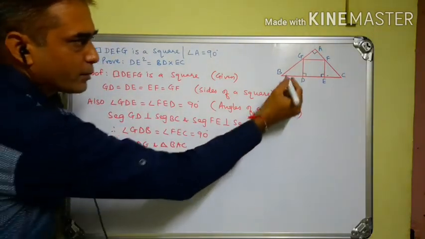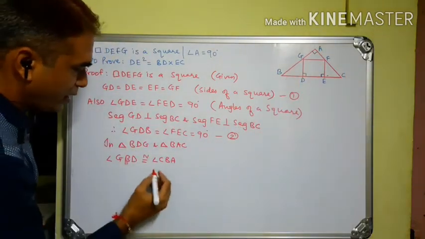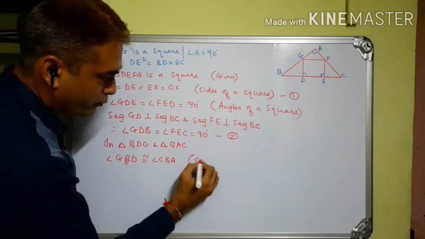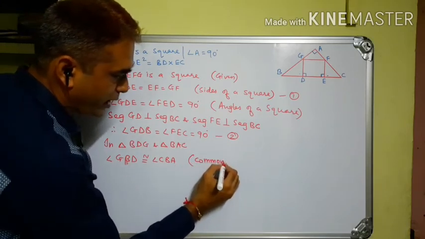Reason? Because angle B is the common angle. This is the common angle.